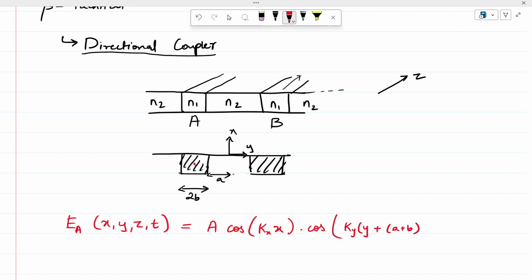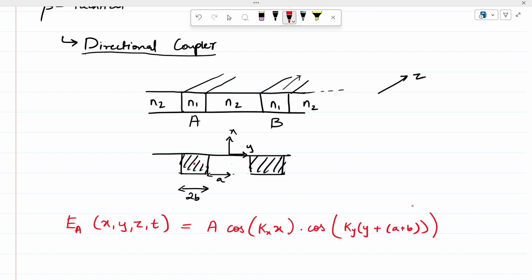So my y will be somewhere in the negative value. When I add a plus b, it will come to 0. So that's why I should write a plus here. You understand, right? I can write it as cos kyy itself if this point was at 0, 0. But since it is at a negative displacement from 0, 0, I have to add an a plus b term to it.